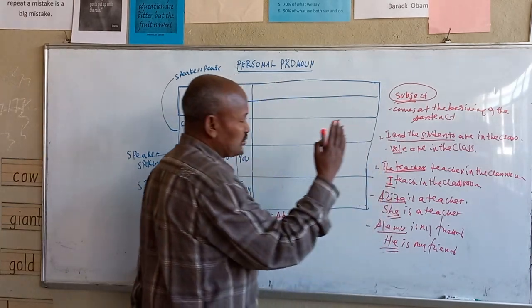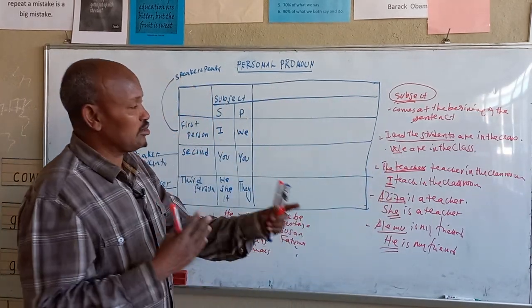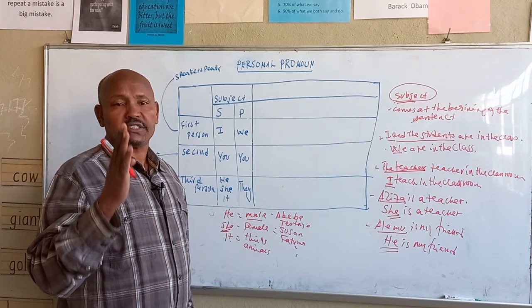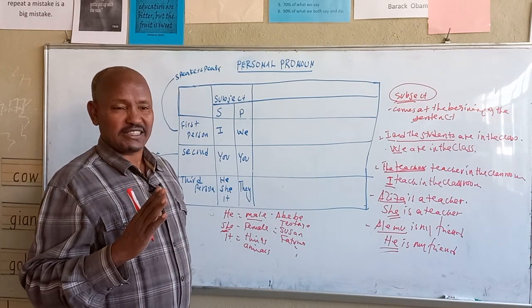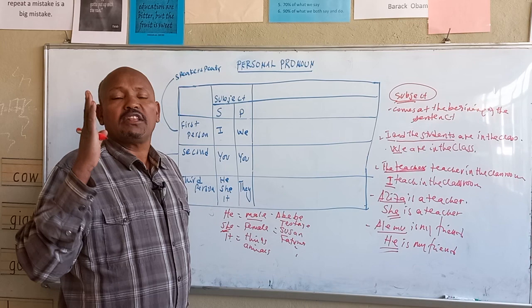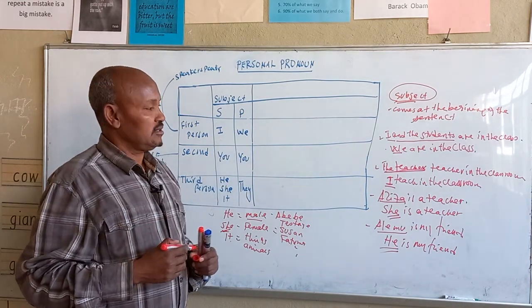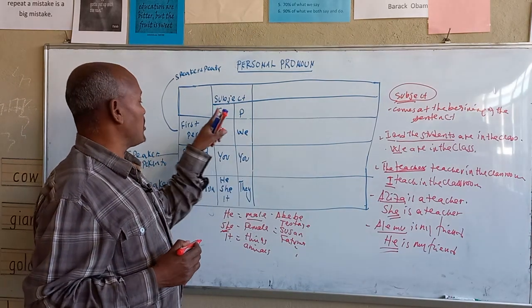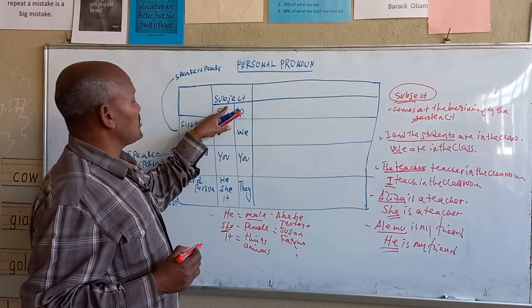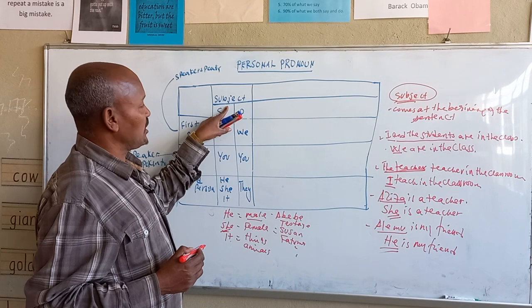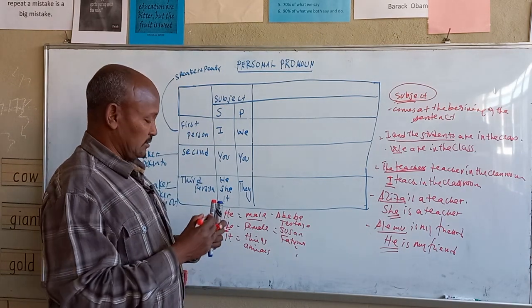When you say subject of personal pronoun, it always appears at the beginning of the sentence by substituting nouns. These examples represent personal pronouns, subjective case.